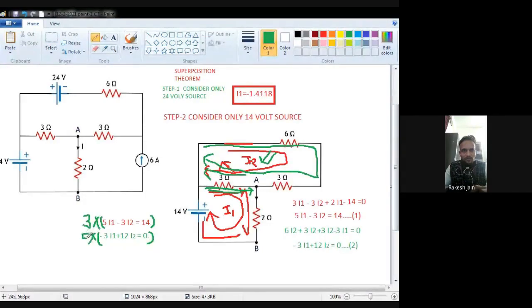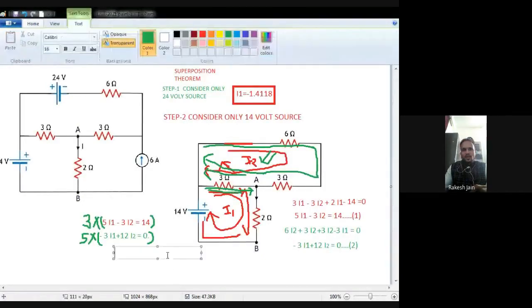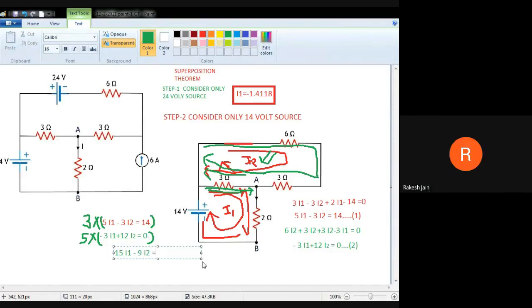So I simplify it: 5 I1 minus 3 I2 equals 14. Now the second mesh, with this green color. First I start with the 6 ohm resistance, and no other current is there.